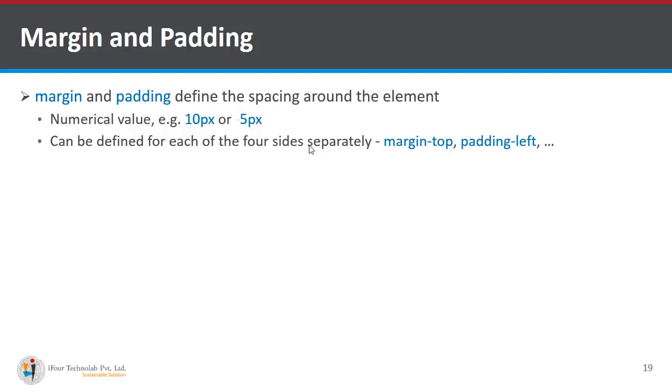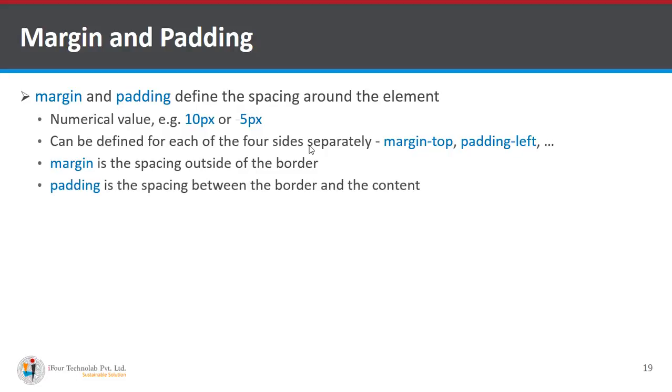If you want to give different margins to all the 4 sides, you can give margin top, margin left, margin right, margin bottom. Same with padding. Remember, margin and padding are different things. Margin is spacing outside of the border and padding is spacing between the border and the content, that is inside the border.